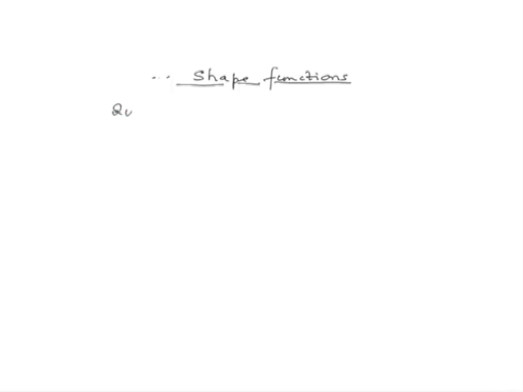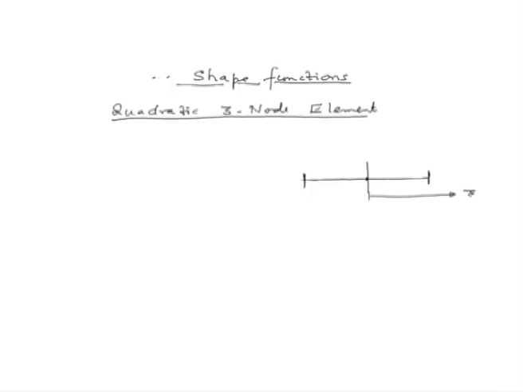Let us call it quadratic three node element. Now, if you have got this 3 node element, let's draw an element diagram. This is the center point, which is the origin of our local coordinate system xi.